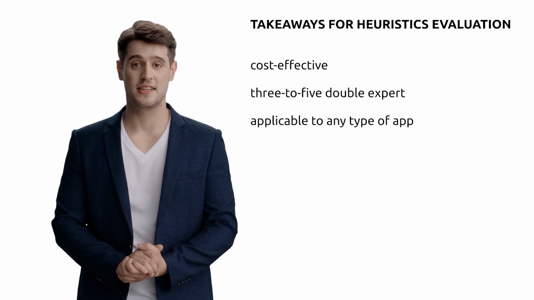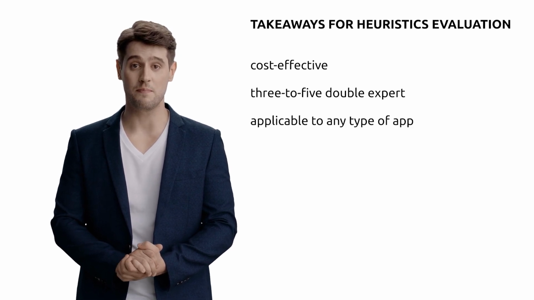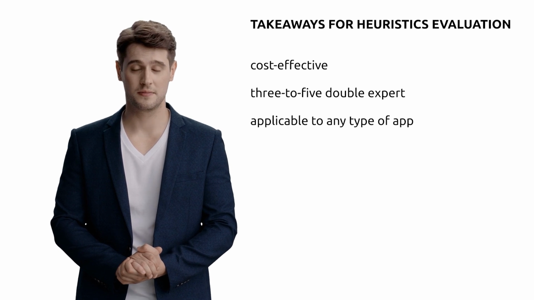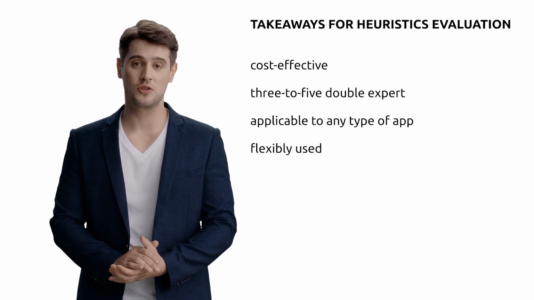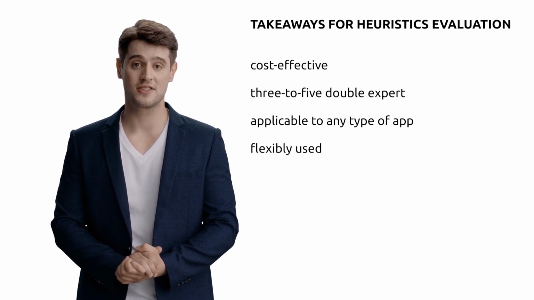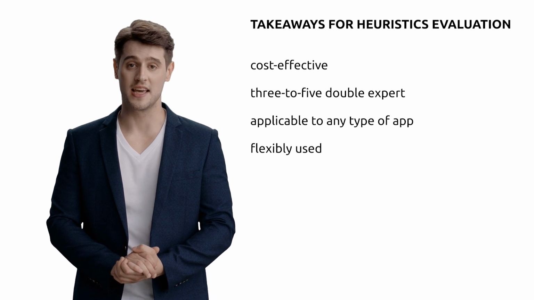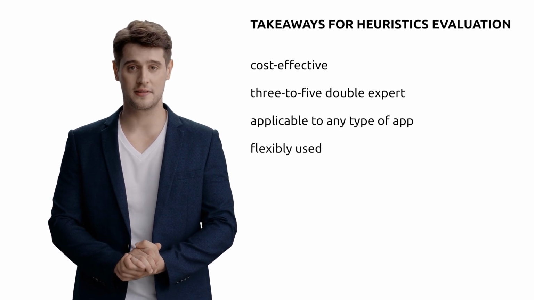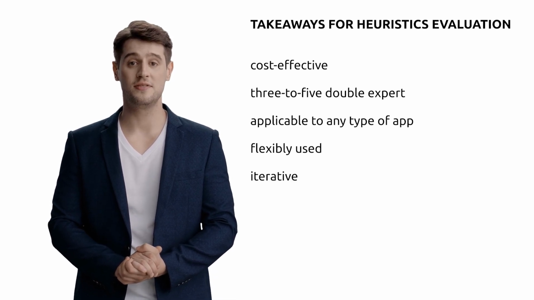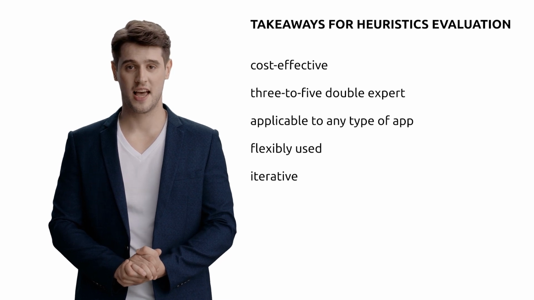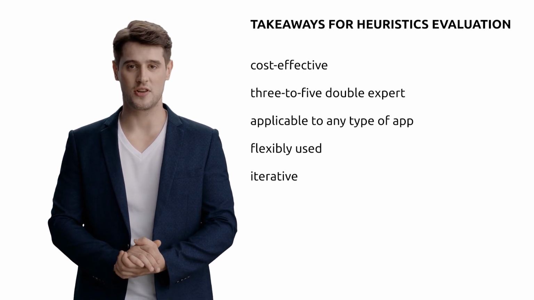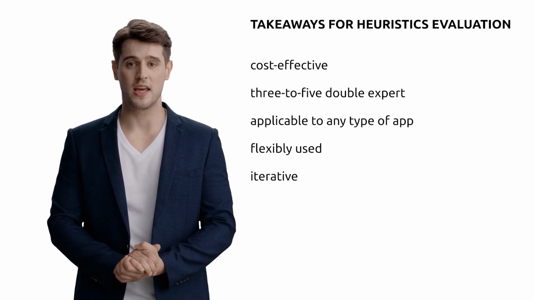The heuristics presented here can be used to evaluate the most important aspects of any type of app. The additional heuristic modules focusing on multiplayer, context-aware, and free-to-use or free-to-play apps can be flexibly used when needed. Iterative use of heuristic evaluation helps to improve the design so that actual playtesting can focus on more important aspects than basic playability problems.